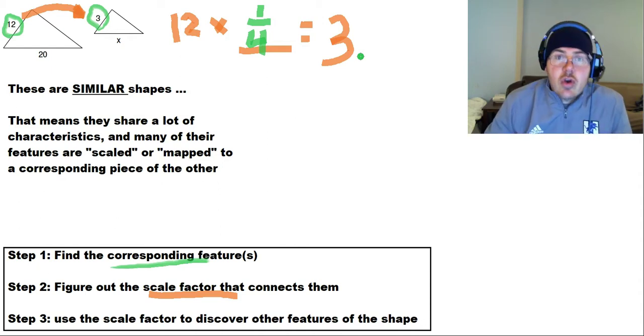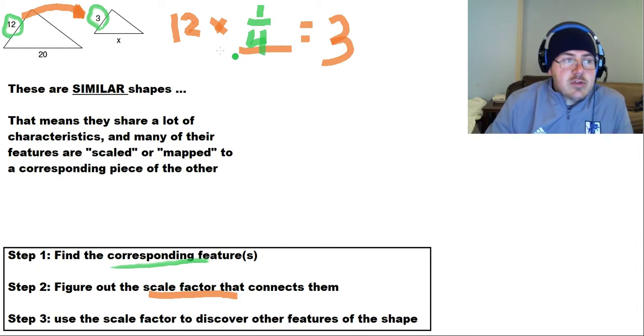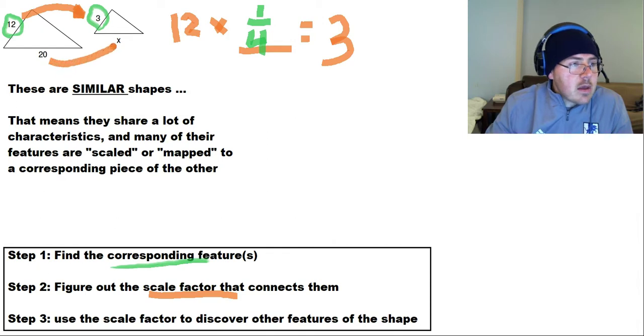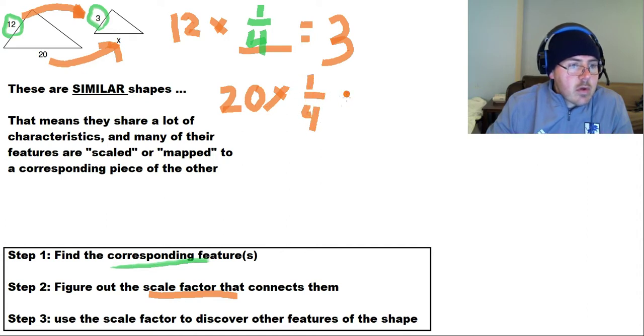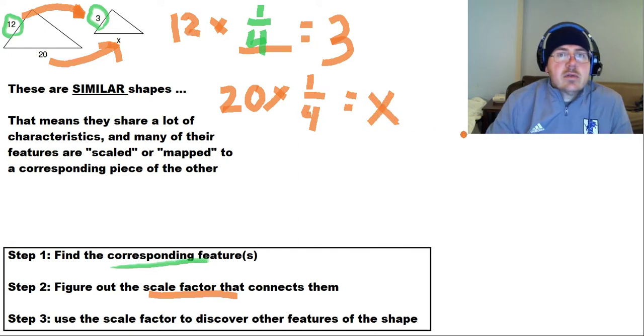So, if you can figure out the scale factor between the 12 and the 3, you can unlock the rest of the shape. We're going to do the same thing, go from 20 to the x. So 20 times 1/4 will equal x.